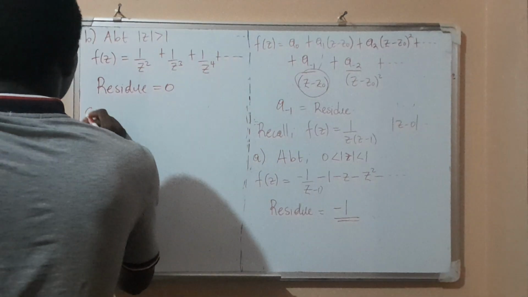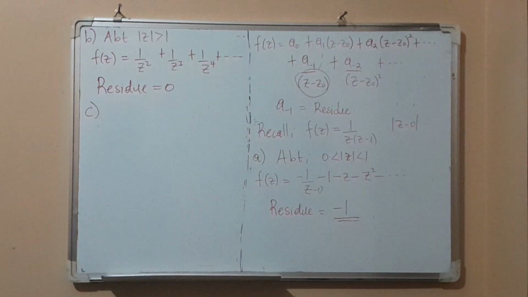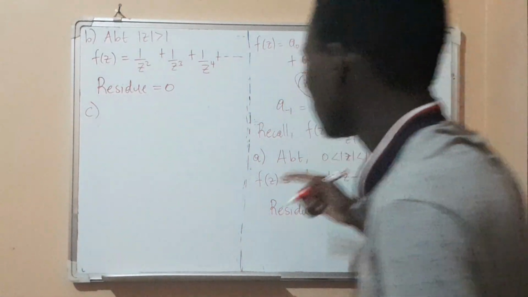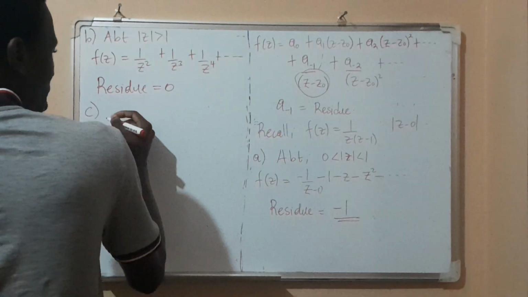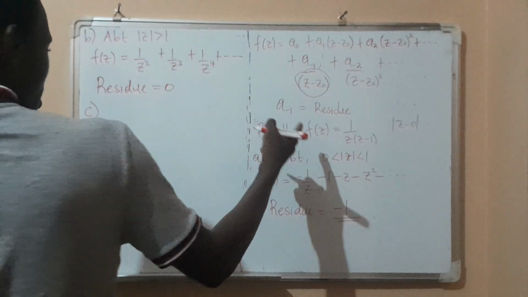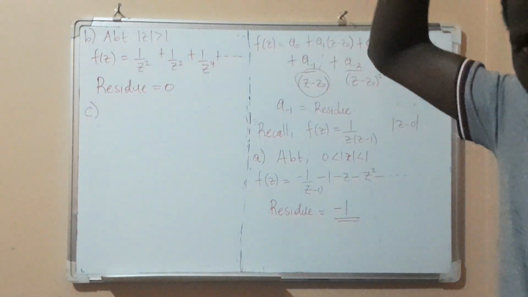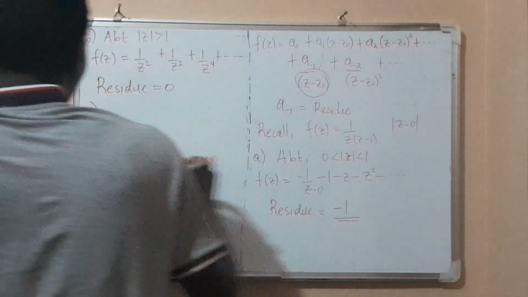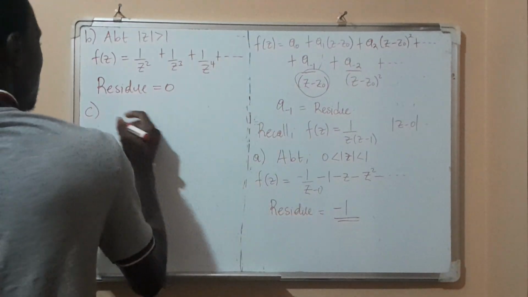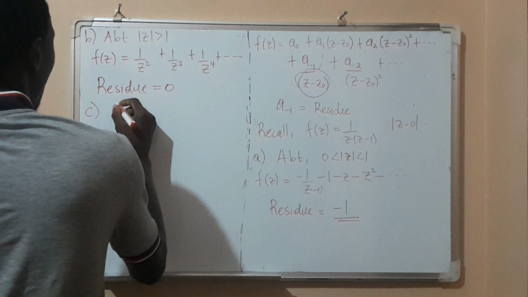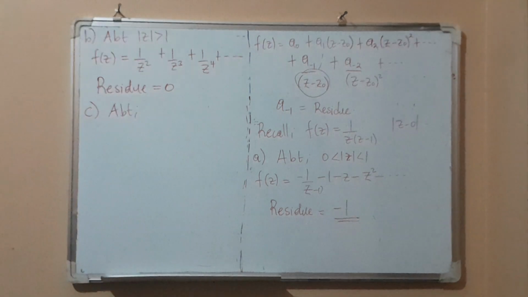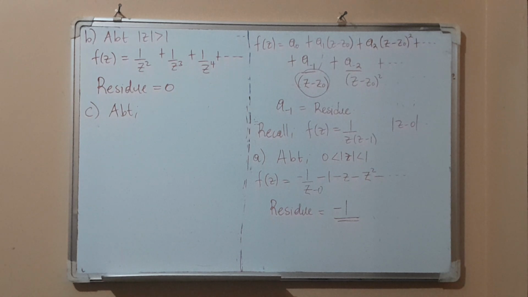Part C, we are obtaining the expansion of f of z. I'm using the series representations which we obtained in the first tutorial. Part C, we obtained the series representation of f of z about, what was the domain?